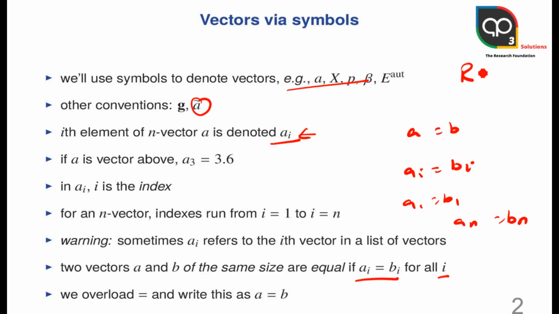The set of all real numbers is written as uppercase R, and the set of all real n-vectors is denoted as R to the power of n. So a belongs to R^n is another way to say that a is an n-vector with real entries, meaning that a is an element of the set R^n.